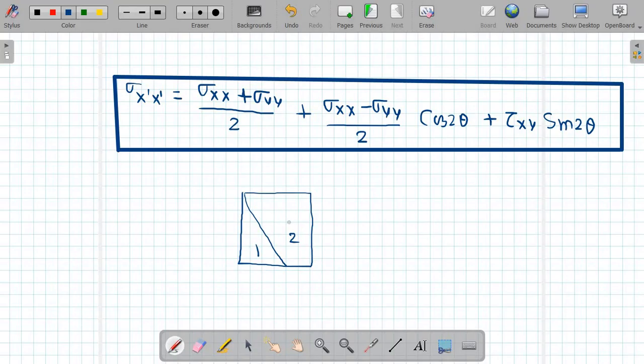Similarly, forces from block number 2 are applied on block number 1, then only both the blocks are under equilibrium condition. So far we have calculated the force because of 1 applied on 2. So, what actually we did?